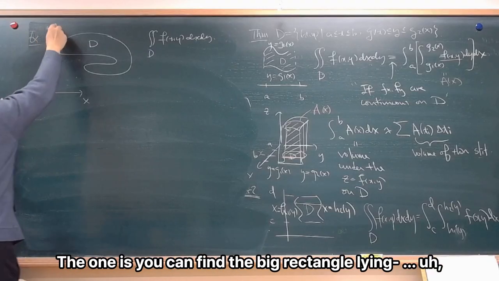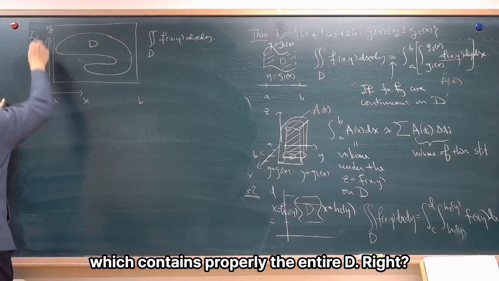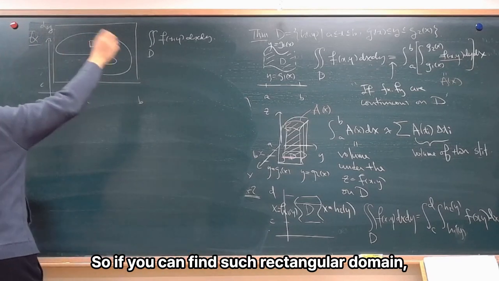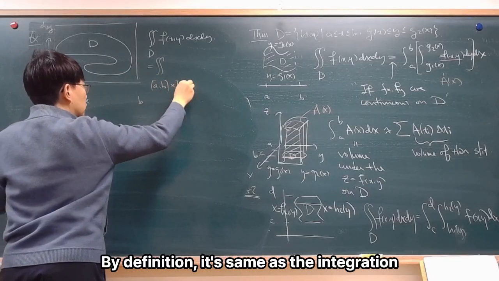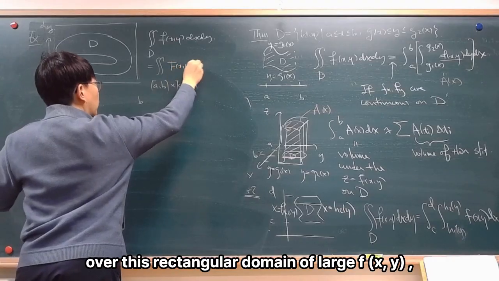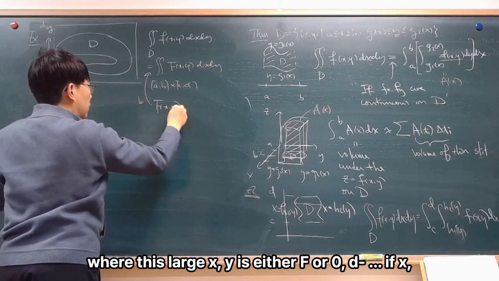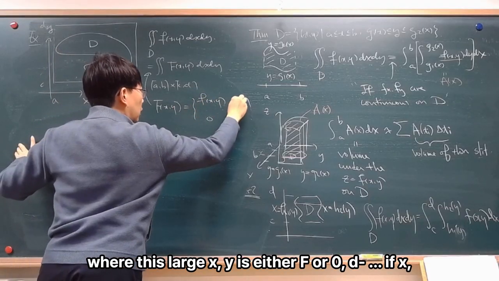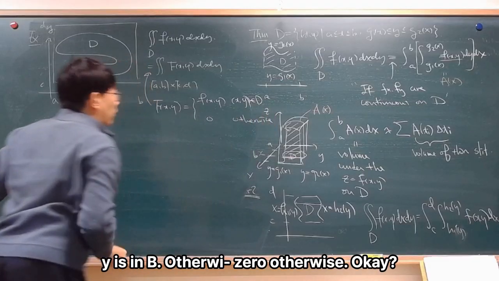One is you can find a big rectangle which contains the entire D. If you can find such a rectangular domain, then by definition, the integral is the same as the integral over this rectangular domain of a large F(x, y), where large F is either f if (x, y) is in D, otherwise 0.